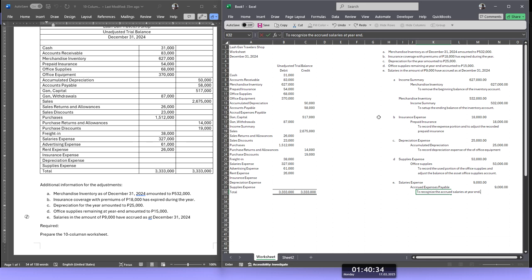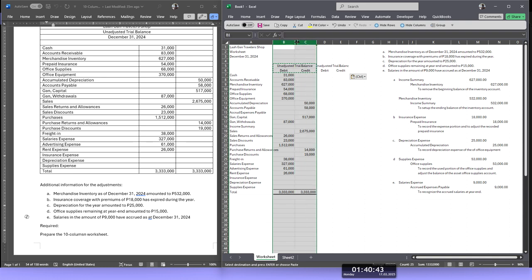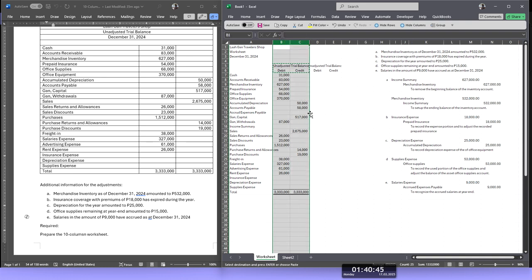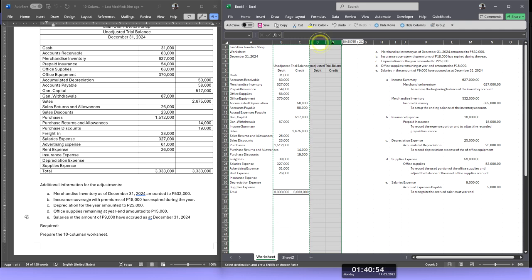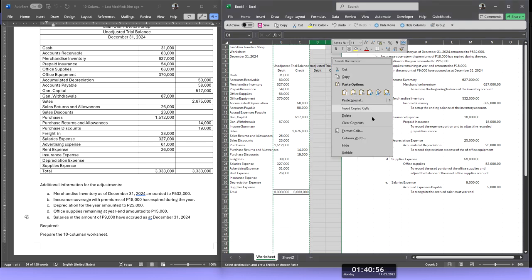We will now post the journal entries to the worksheet, and then we'll just copy, and then paste formatting.